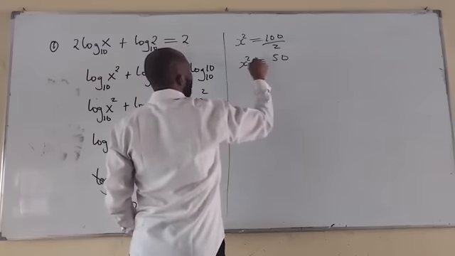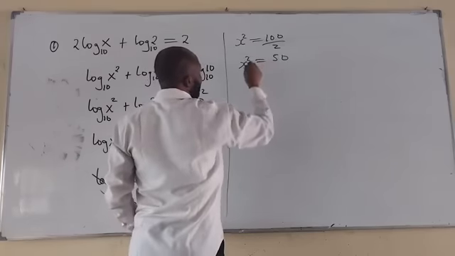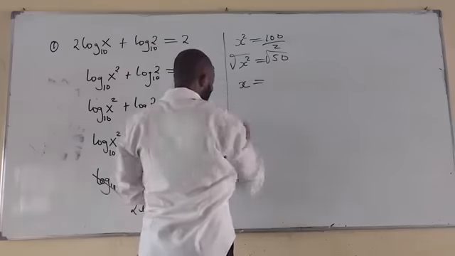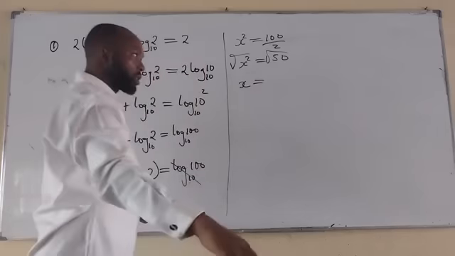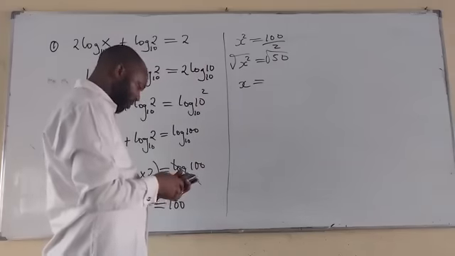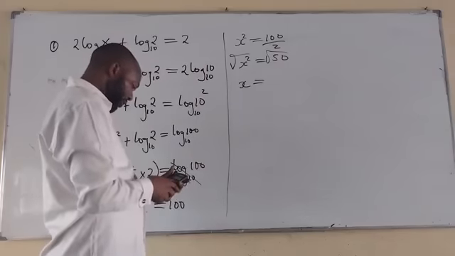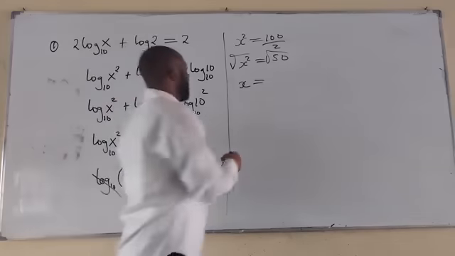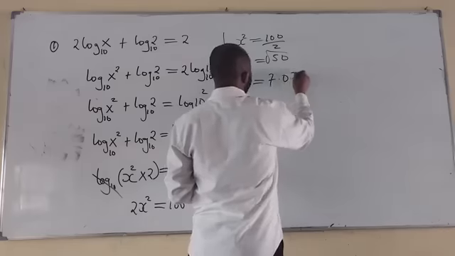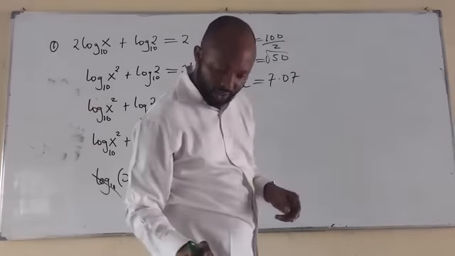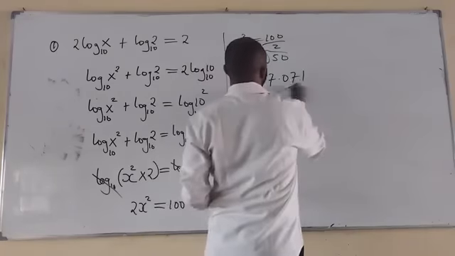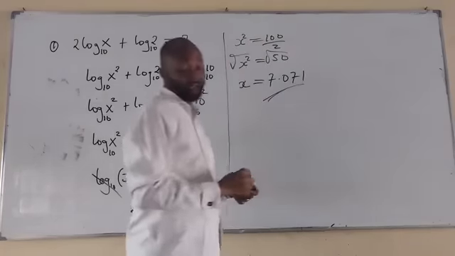Now, to remove this, I square root both sides. So x is equal to the root of 50, which is not a perfect square. The root of 50 is 7.07. So this becomes our answer.